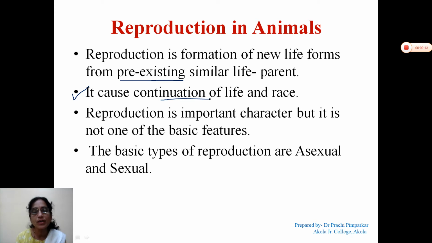So due to reproduction, new organisms go on existing on the earth. But remember one thing, reproduction is an important character, but it is not one of the basic features.